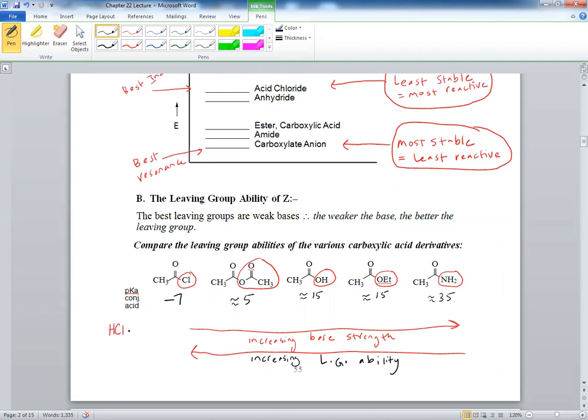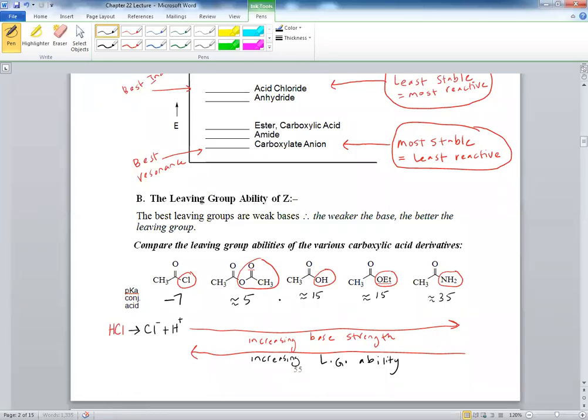So when HCl dissociates into Cl minus and H plus, Cl minus is a much more stable base.